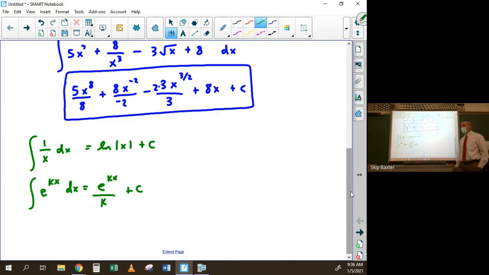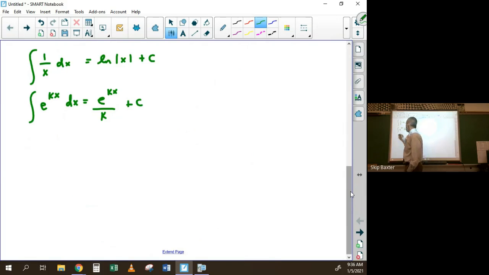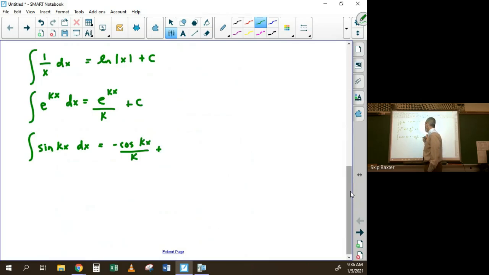And then we have 6 trig rules. Okay, so they are: the integral of sine kx is negative cosine kx over k. The integral of cosine kx is sine kx over k.